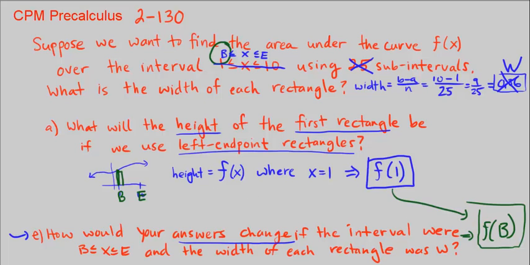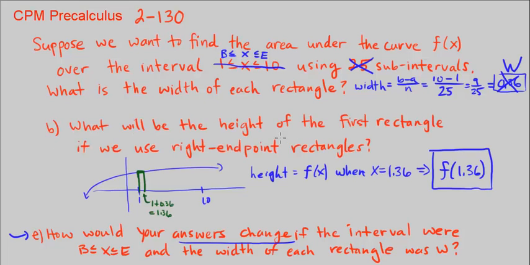Let's go on to part B. B, remember, says, what was the height if we used right endpoint rectangles of that first rectangle? So again, instead of 1 here, we have B, instead of 10 here we have E, and the width is just W. So this point here is not 1 plus 0.36, it's B plus W. So B plus W is going to give us the height for our right endpoint rectangle there.